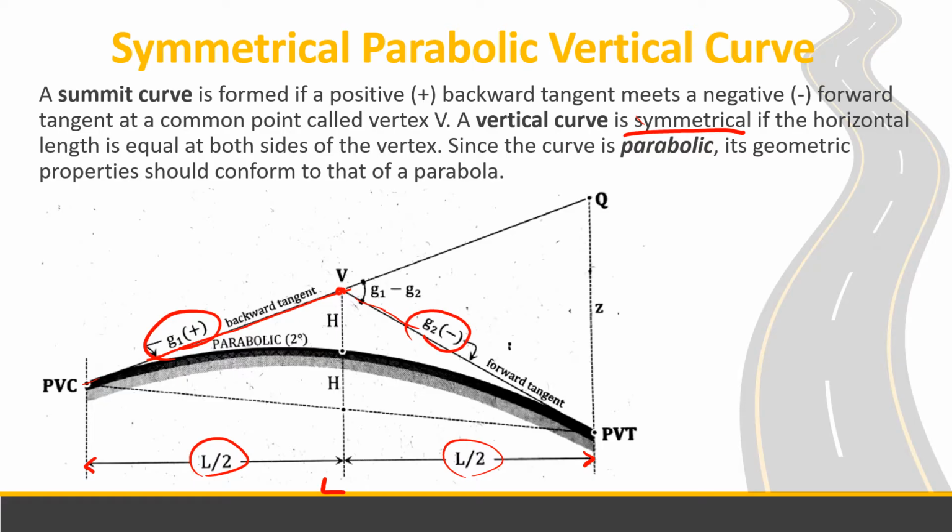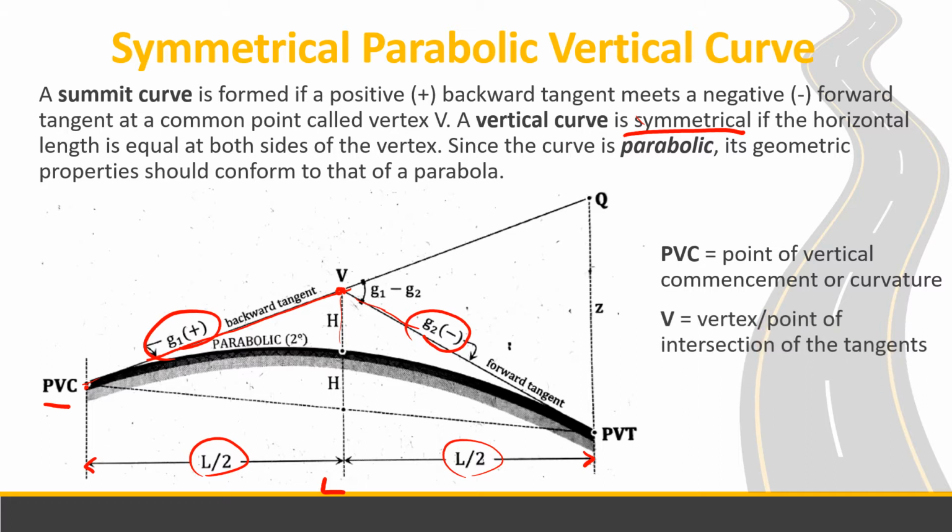This is H, this is Z, where PVC here is the point of vertical commencement or curvature. This is where our vertical curve starts. Then V is the vertex or point of intersection of the tangents, and PVT is the point of vertical tangency.